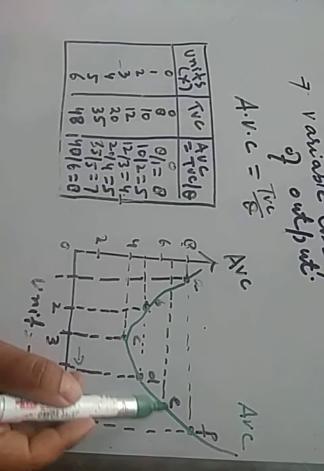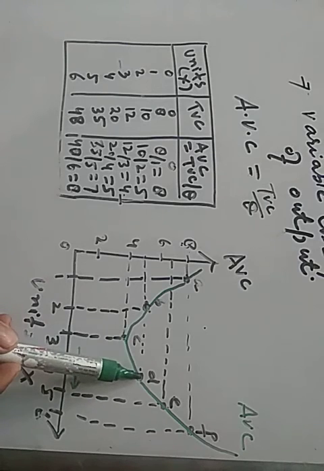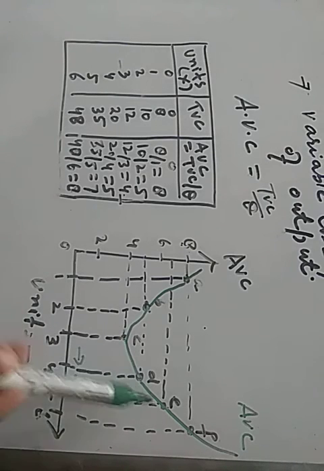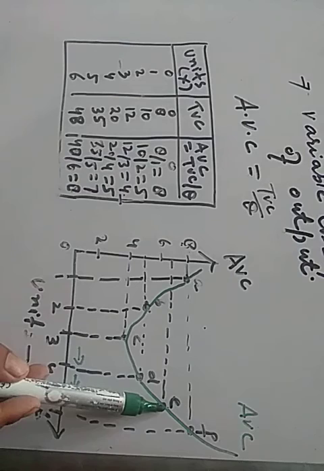Points D, E and F are levels of output 4, 5, 6, and average variable cost at point D is equal to 5, at E it is equal to 7, and at point F it is equal to 8 rupees. In this way we draw the graph, that is, the derivation of the average variable cost curve.